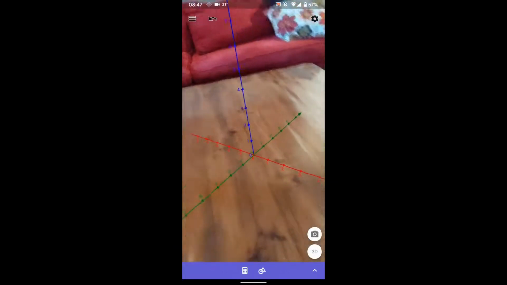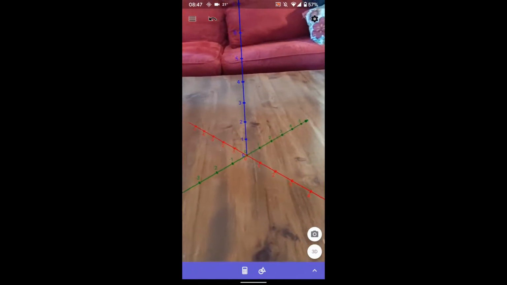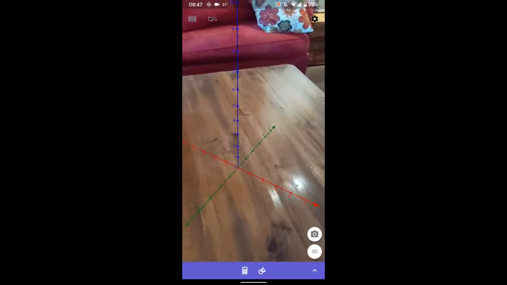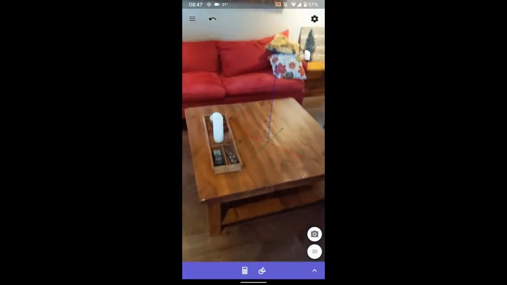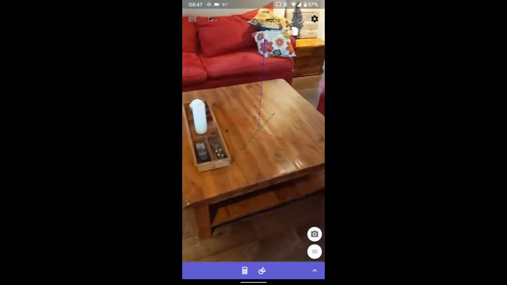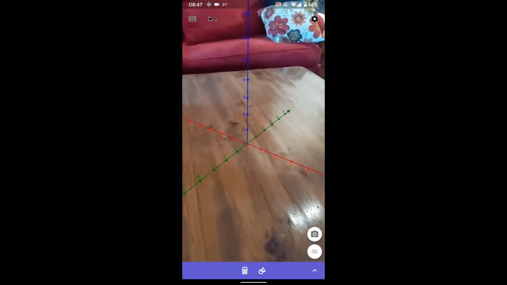So just that is pretty cool. Amazing how it tracks. And I can walk around. In fact, I can walk around the room, back up, and it knows where that grid is supposed to be.